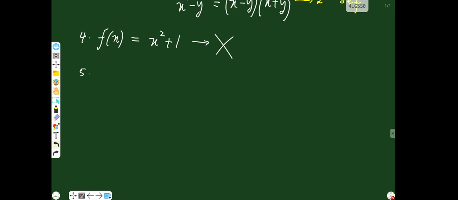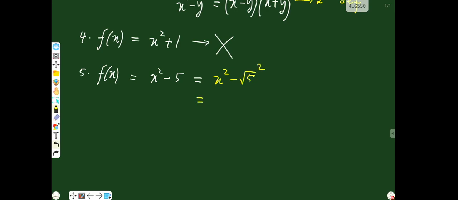But if you have f(x) is equal to x squared minus 5, then what we do is we write this as x squared minus square root 5 squared.